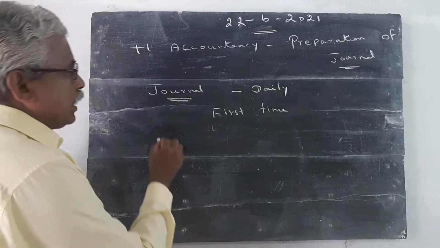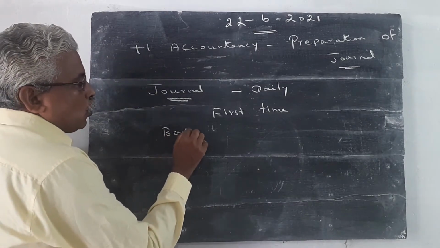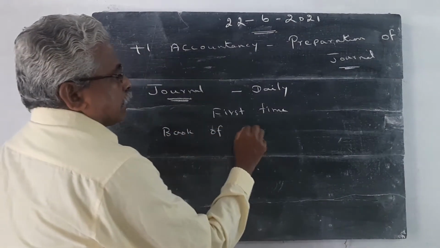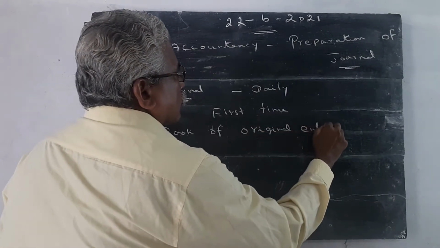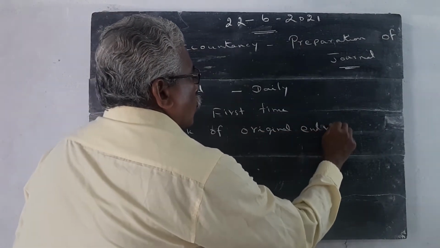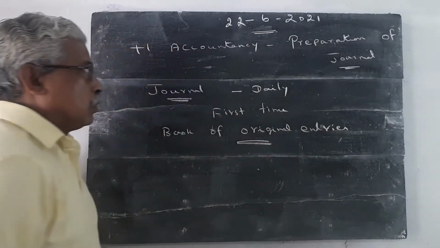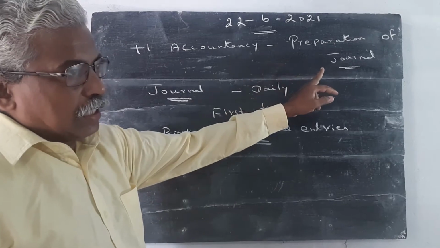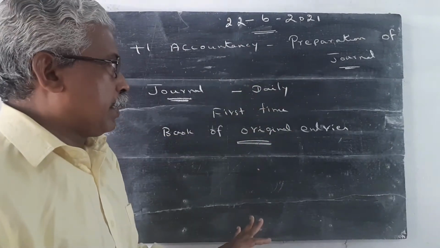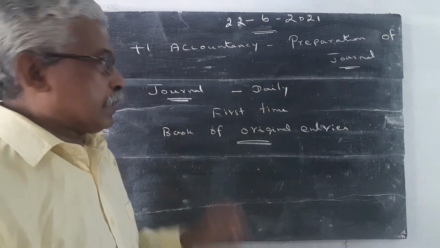So, journal is the book of original entries. +1 accountancy preparation: journal is the first step in the accounting process.